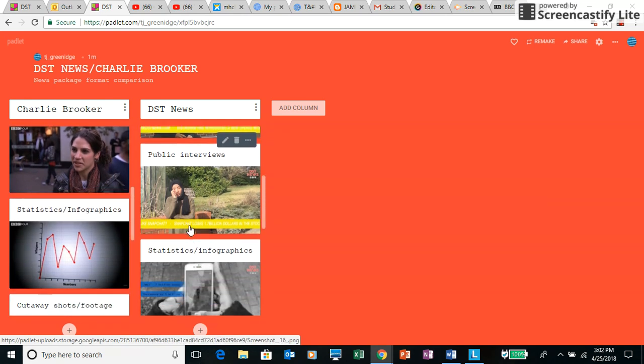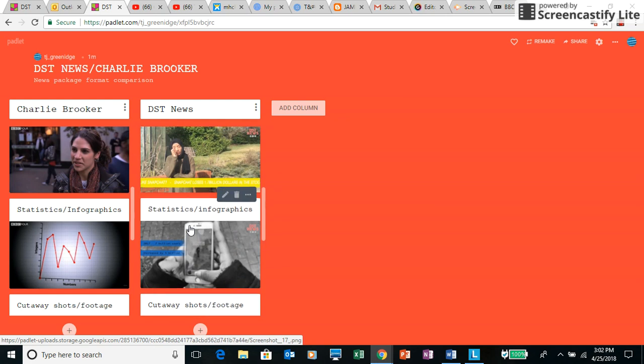Now moving on to statistics and infographics, which is shown constantly throughout both. This one here is a graph, and we have facts and figures shown, and we also have other infographics in our news package as well. This is more for the audience that like to get into more detail on the issue that is being raised.